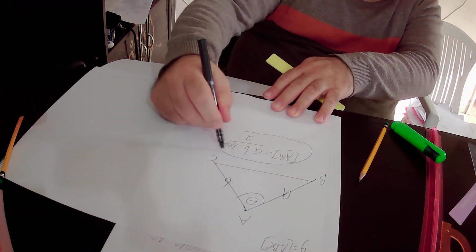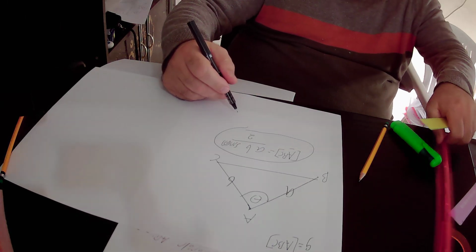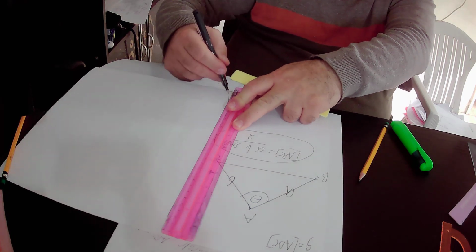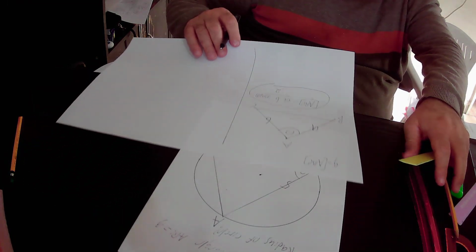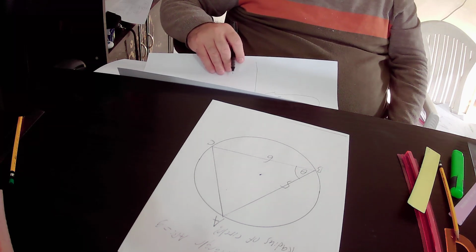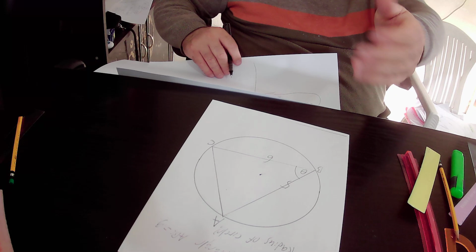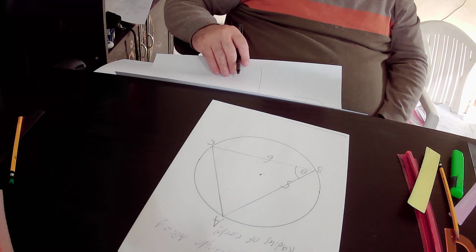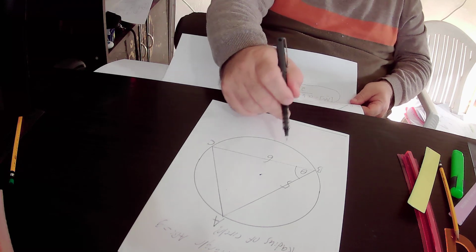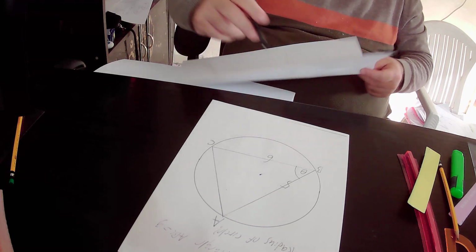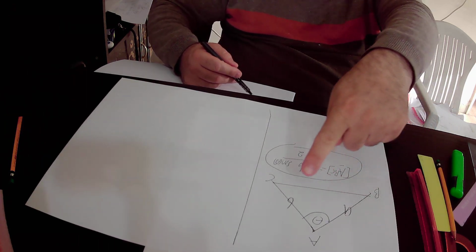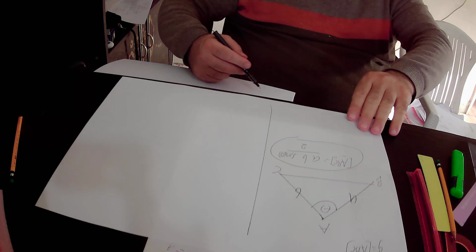So we use this formula in order to find out not the area of this triangle, but the value of sine theta. Because we know that the area of this triangle is 9 square units, and the only missing variable here is sine theta. So the area of triangle ABC equals a times b times sine theta over 2.